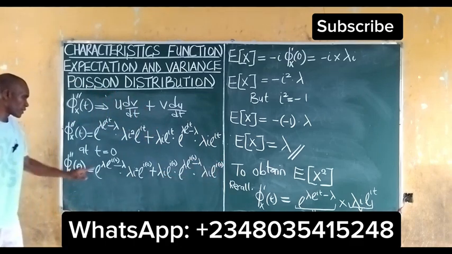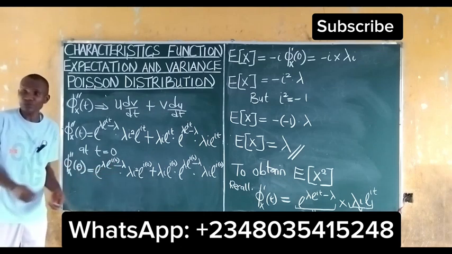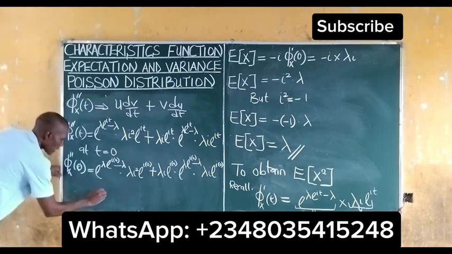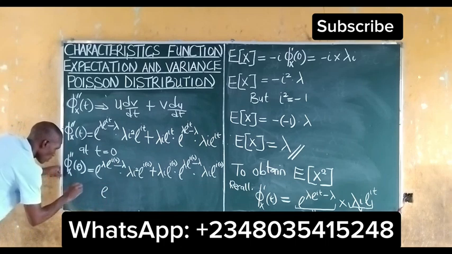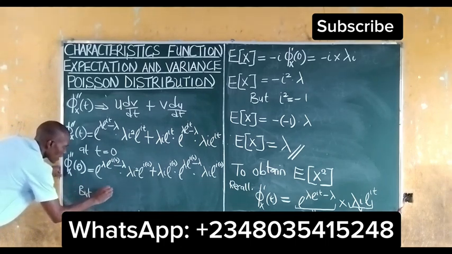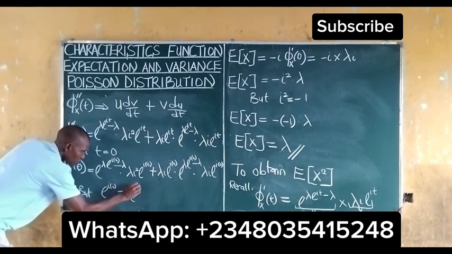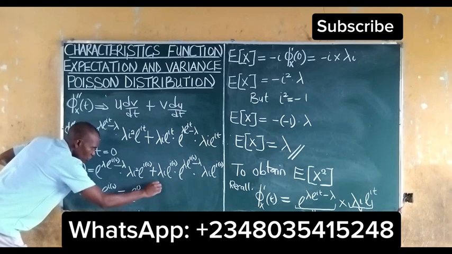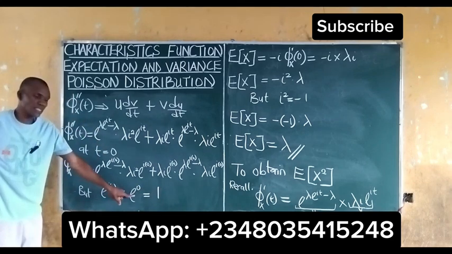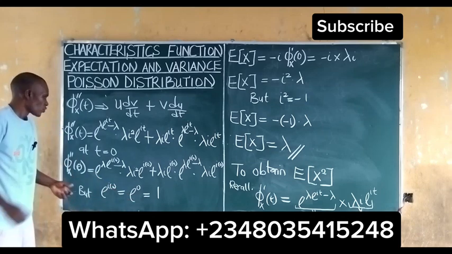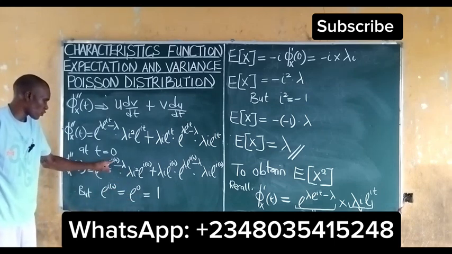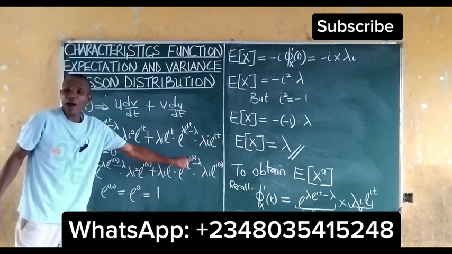So anywhere we see t, we put 0. But from indices, exponential i0 is the same thing as exponential 0, which is also equal to 1, because anything raised to the power of 0 is 1. So anywhere we see our exponential function, we put 1 there.